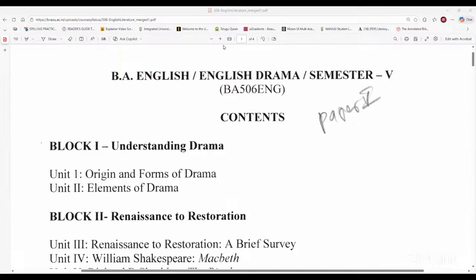Some of the notable Roman dramatists were Seneca, who later influenced English tragedy, and similarly in Greek culture there were some notable dramatists, Sophocles, Euripides, right?